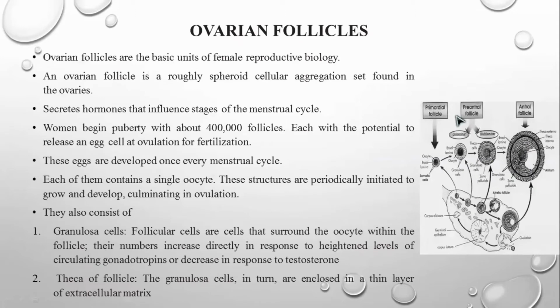Next is the ovarian follicle. Now we're going to see about the ovarian follicle. The ovarian follicles are the basic unit of female reproductive biology. An ovarian follicle is a roughly spheroid cellular aggregation found in the ovary. It secretes hormones that influence the stages of the menstrual cycle. This is very important.